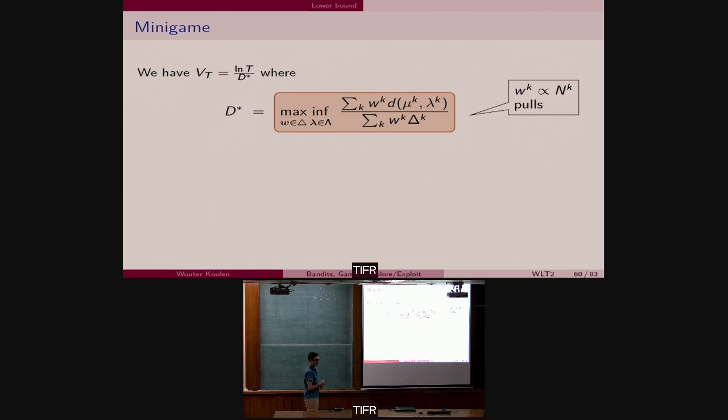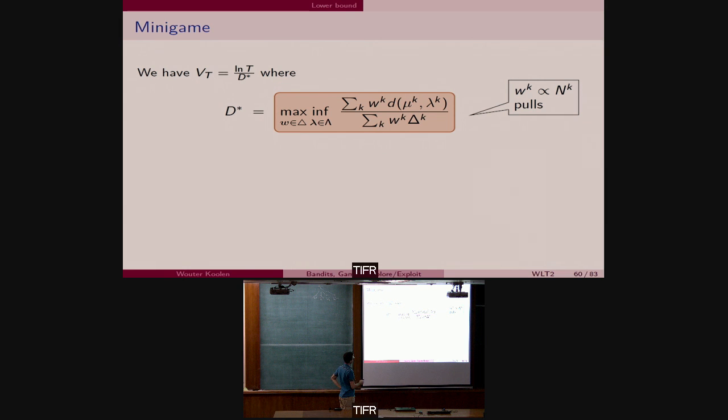Okay, so what about that minigame shape? So as we said before, the lower bound, which I write here as Vt, was of this shape: logarithm of t times something, and the something we can now express as a min-max problem.